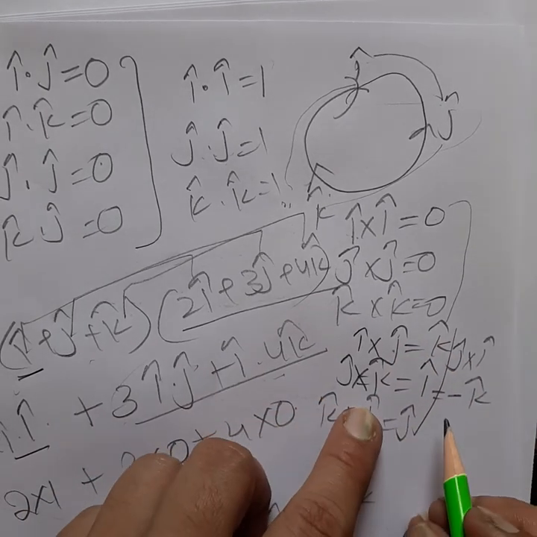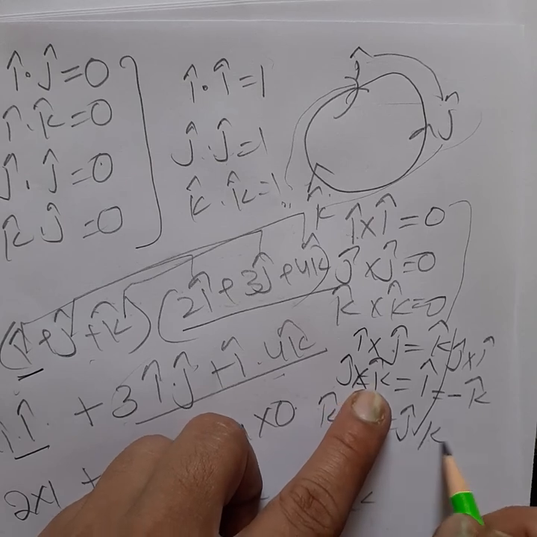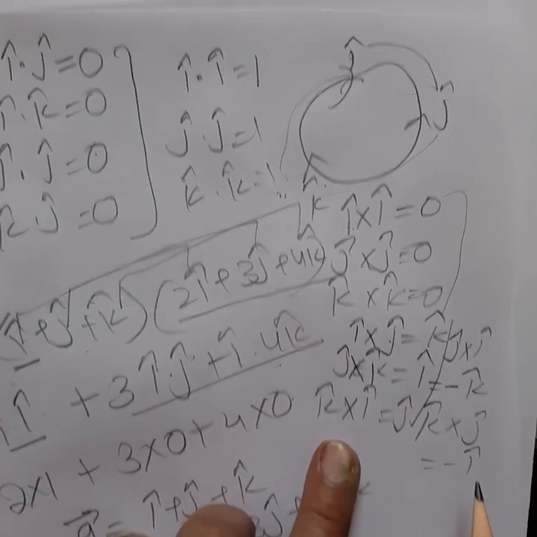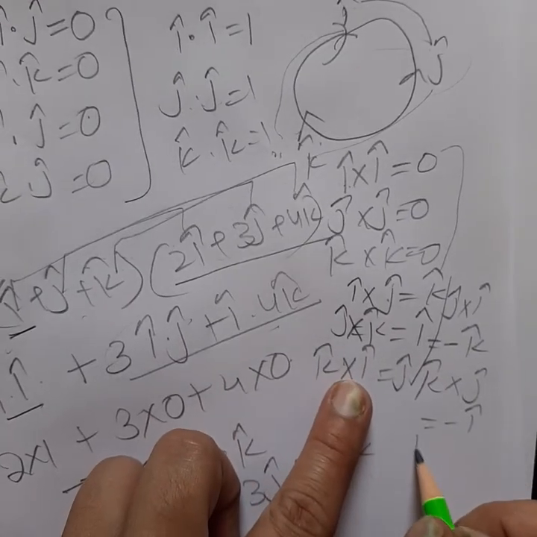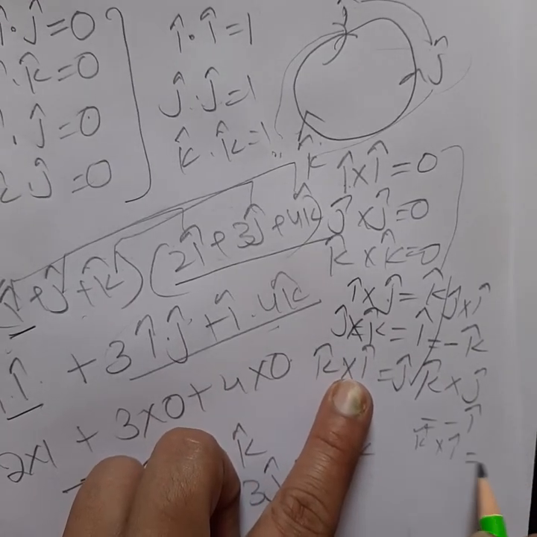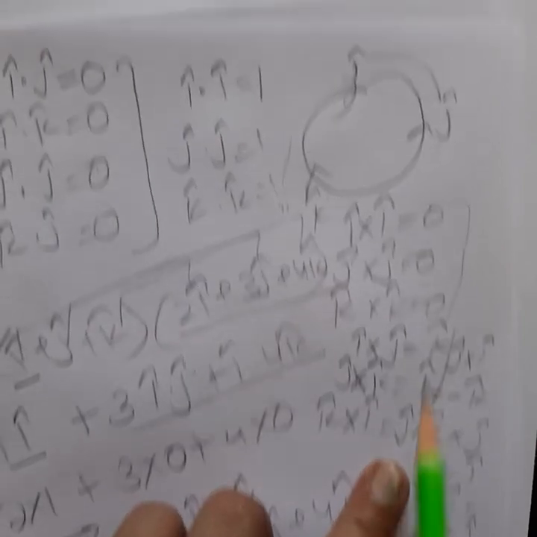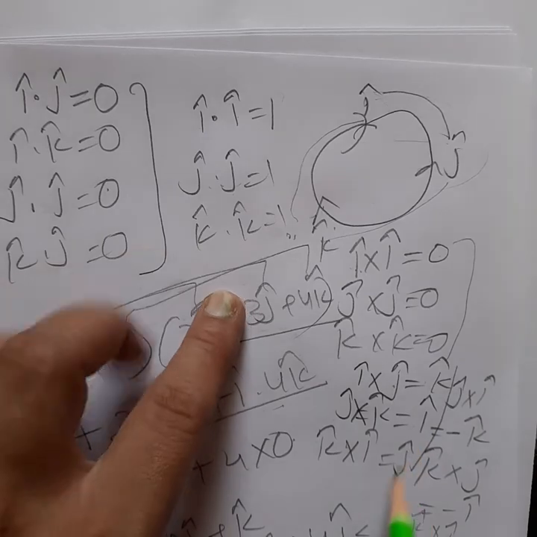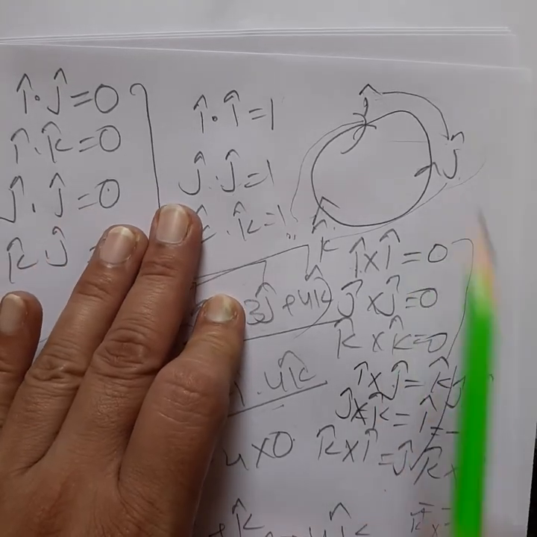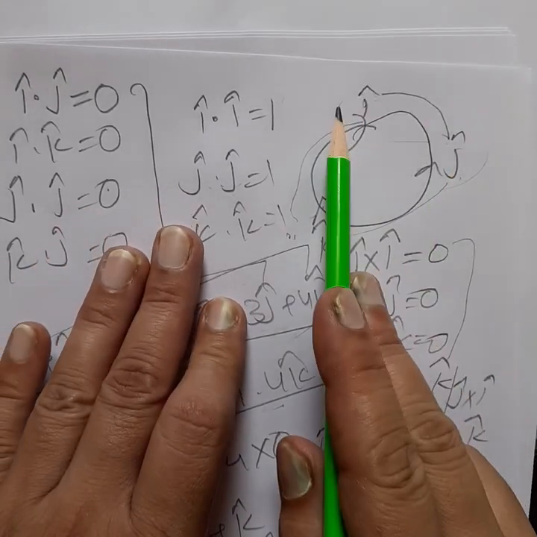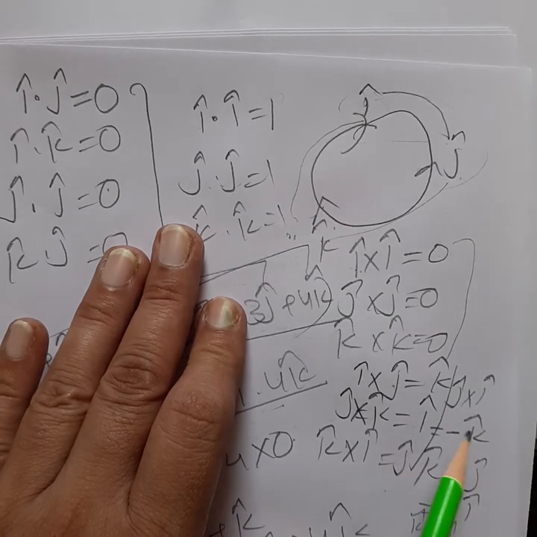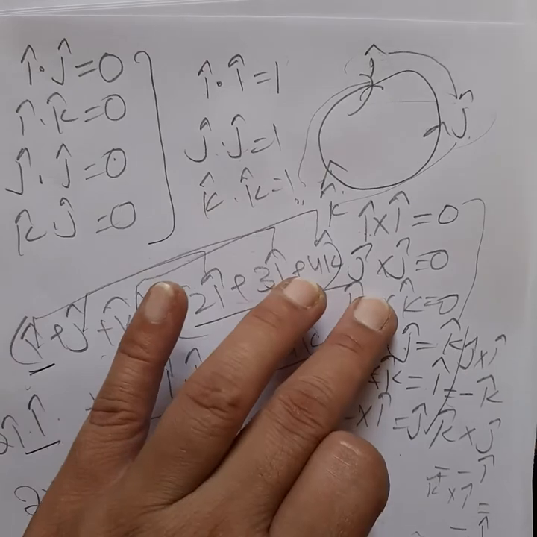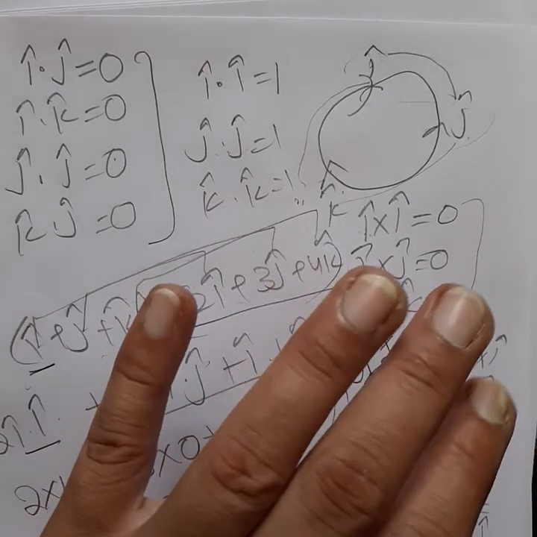If you write k cross j, then you write minus i, and in the same way if you write k cross i, then you can write minus j. So if you take it in the clockwise direction, you write it simply, and if you go in the anti-clockwise direction, then you put a minus sign. We are doing examples after some time.